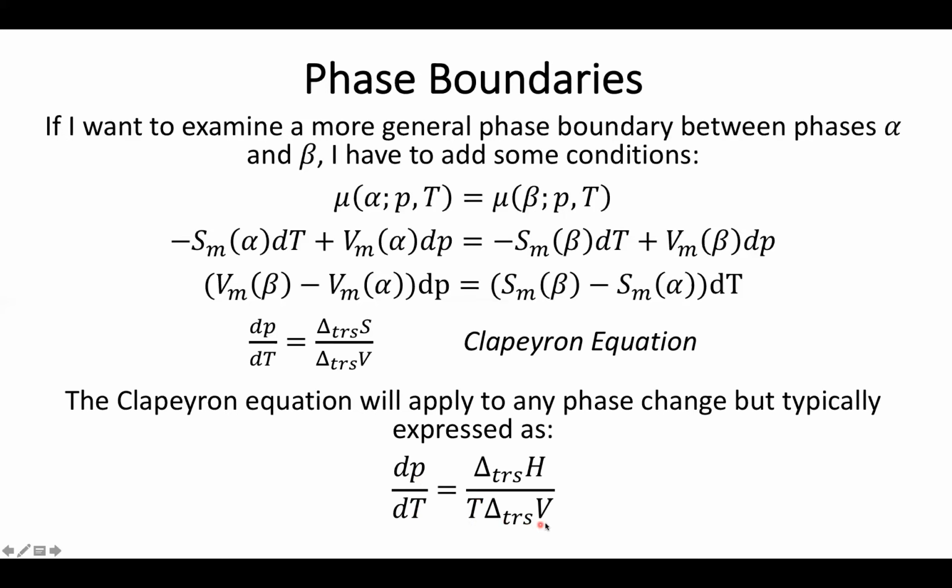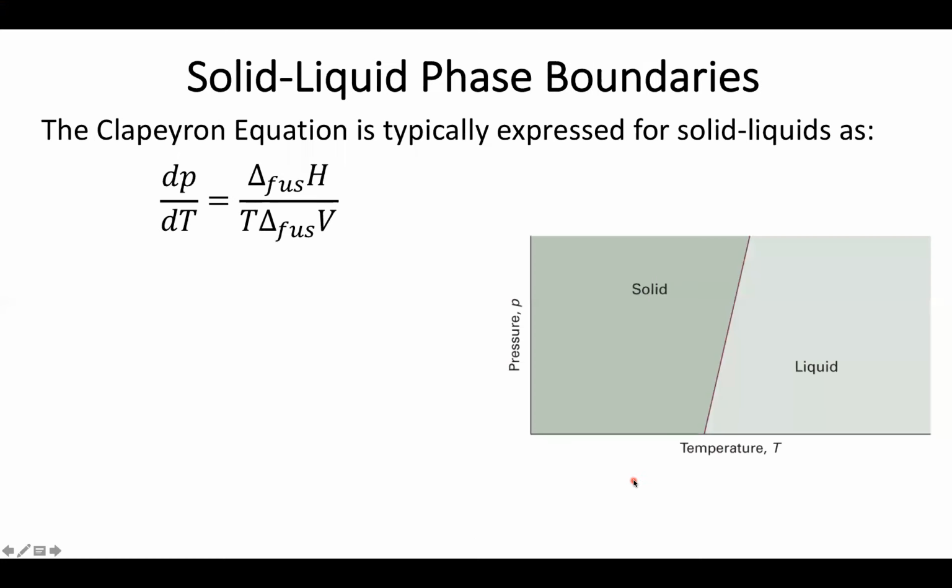And also, as we've seen previously, the change in volume of a system is going to be heavily dependent upon what sort of phase transition I'm looking at. So from here, we're going to have to subdivide how we treat the Clapeyron equation in terms of what system I'm examining. So let's say I'm examining a nice solid liquid phase transition.